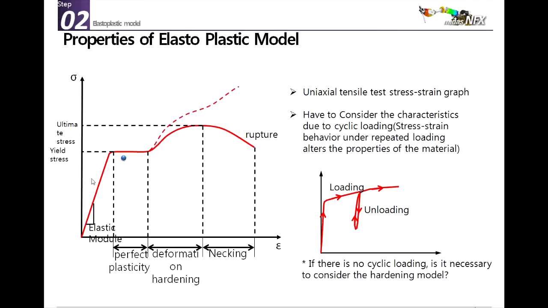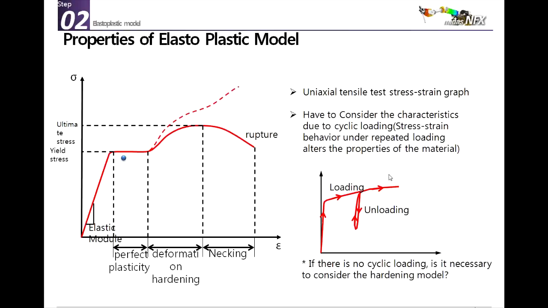When you are in the elastic domain, the stress increases until you reach the yield stress. At this step, there's a small step of perfect plasticity. In this step, the yield stress is not changing, but you have some plastic strain which is created. After that, you have some increase of the stress, what is called hardening, and finally the necking and the rupture.